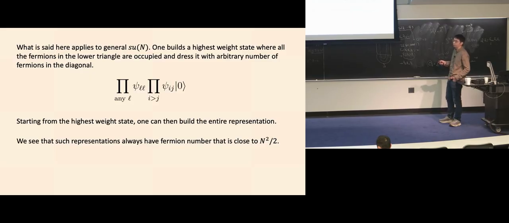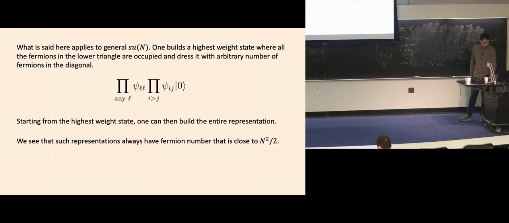So you can multiply the state by any psi in the diagonal. And starting from the highest weight state, you can then build the entire representation. And we see indeed that such representations always have fermion numbers that are close to n squared over 2. So aligning with our original expectation that these would be very heavy states with fermion number close to half of the total number of fermions.